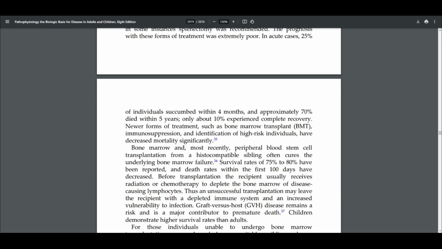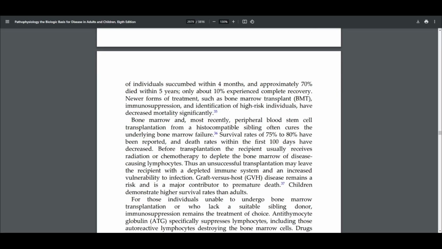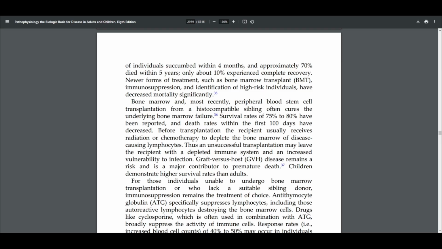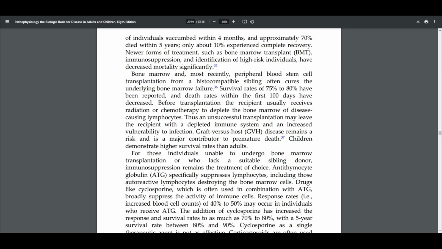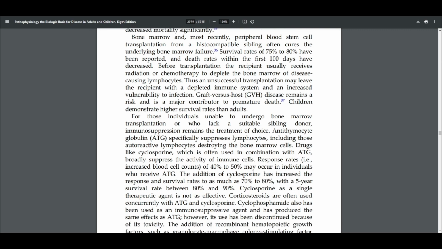However, newer forms of treatment, such as bone marrow transplant, immunosuppression, and the identification of high-risk individuals, have decreased mortality significantly. Bone marrow, and more recently, peripheral blood stem cell transplantation from the histocompatible sibling often cures the underlying bone marrow failure. Survival rates of 75 to 80% have been reported, and death rates within the first 100 days have decreased.